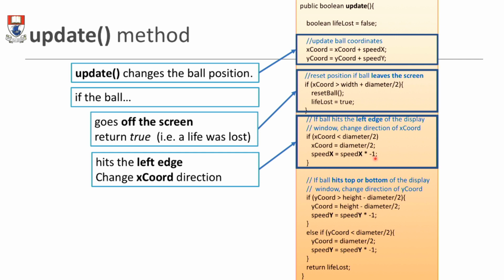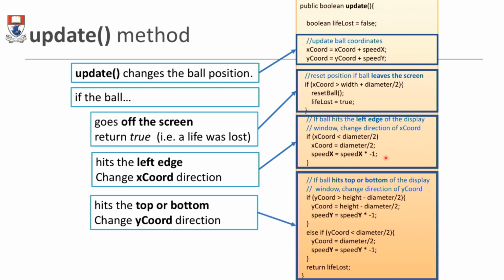This minus 1 is important. When you multiply a number by minus 1, you're changing the sign. So instead of adding a number, you're subtracting a number. So that's how we get the change in direction, by constantly subtracting or adding the number.